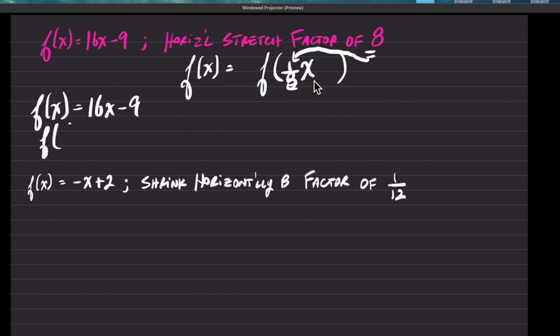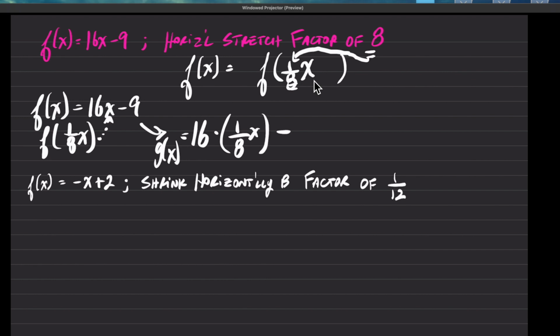F of 1/8 x means everywhere we see an x, we're going to replace it with 1/8 x. Okay, that's going to give us 16. This is now g of x equals 16 times 1/8 x, and the minus 9 is unaffected. Here, this is going to turn into 2x minus 9, and that is your final answer for g of x.